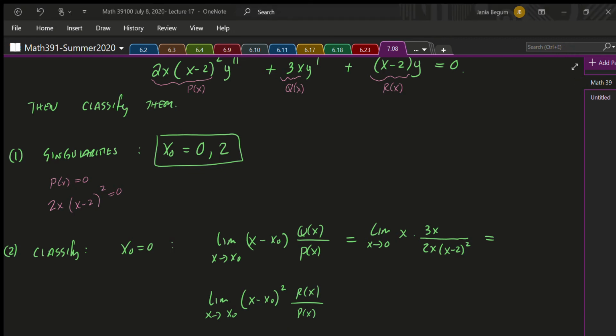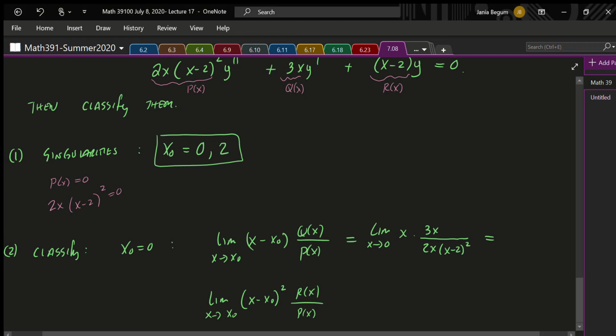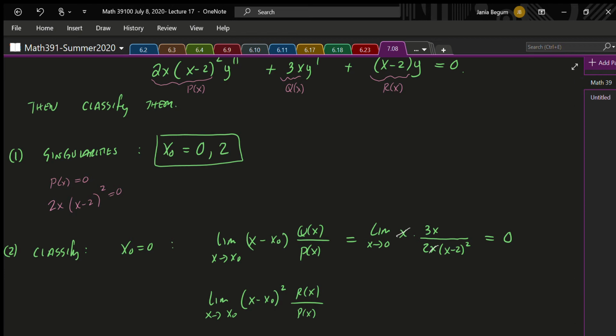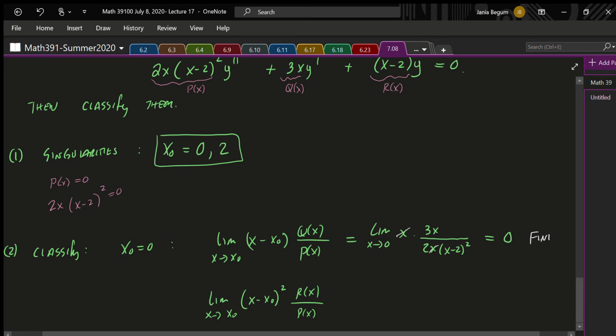But it's finite, right? So what's the limit? 0. Exactly, because these x's will cancel out. So you'll be left with 3x over 2 times x minus 2 squared. And then when you substitute 0 for x, you get 3 times 0 over negative 2 squared. That's 0 over a number, so it's 0. So it's finite. Okay, success.